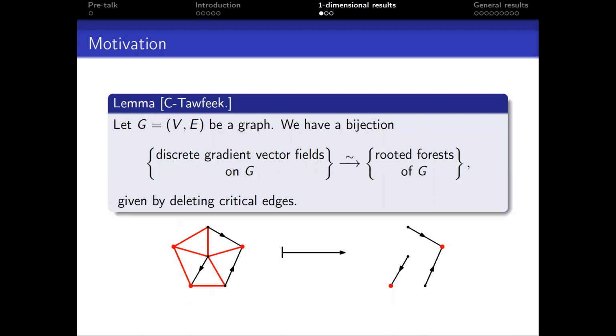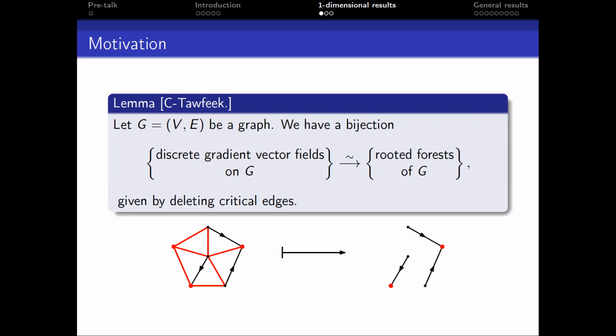Okay, so now it comes back to the one-dimensional case. We were interested when we were working with Andrew in his thesis: can we count this number of discrete Morse functions? And the observation is yes, we can. Realizing this observation, that is, if I basically have a discrete vector field, there is a correspondence between this discrete vector field and rooted forests. So basically, if I remove the critical cells, it can be disconnected, but the conditions of being Morse tells you that you cannot have cycles.